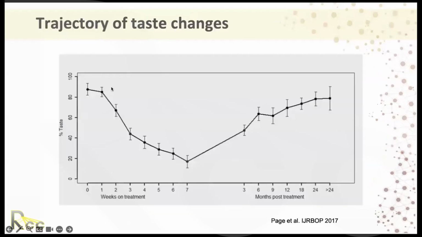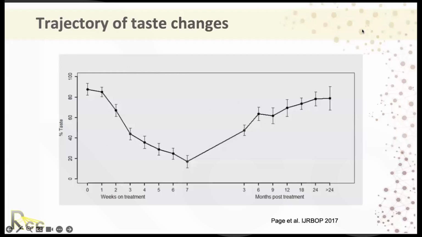And then this is kind of how the trajectory of those taste changes are. I think we all know, generally week 2 is where our patients start reporting this to me. It really peaks at the end of treatment. And you can see that taste recovery is slow. It's very much like xerostomia. It slowly but surely gets better. But most patients will have close to background taste by 2 years.